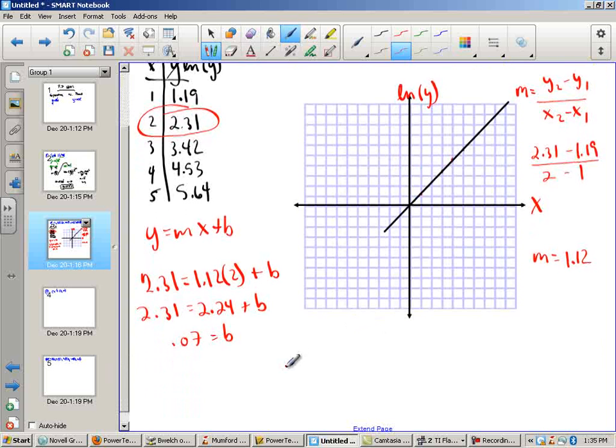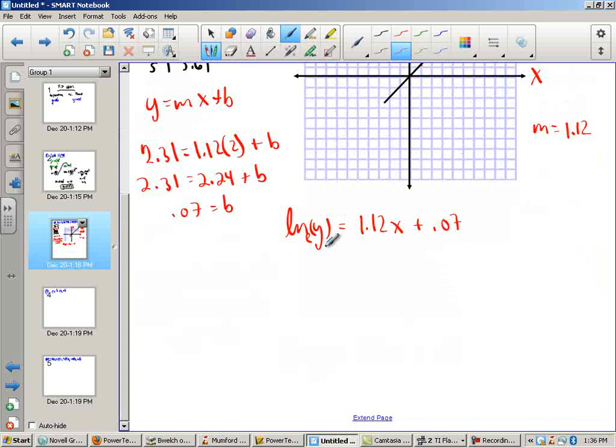To finish this process, I would write that the ln of y, because that's really my y-axis here, equals the slope 1.12 times x plus 0.07. Now what I do at this point is I think about the fact that this is ln base e, and I'm going to rewrite this equation so the log goes away. So it becomes e to the 1.12x plus 0.07 equals y.